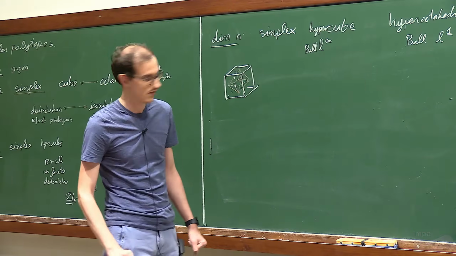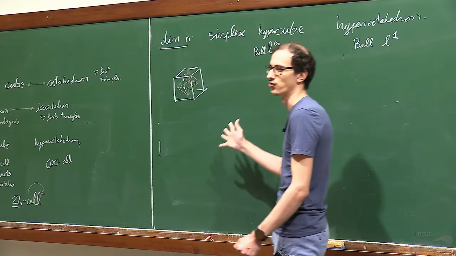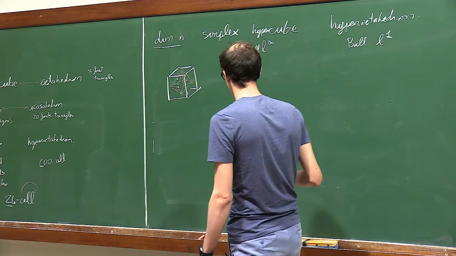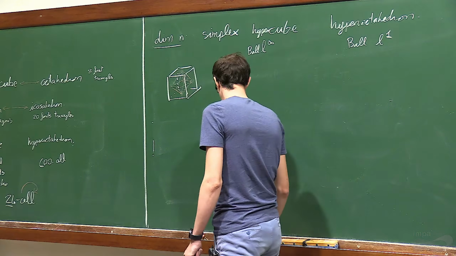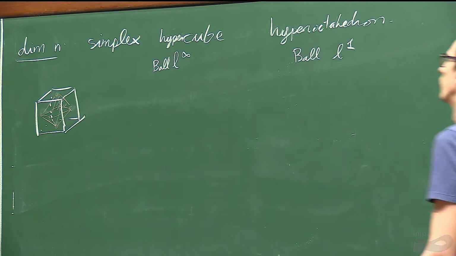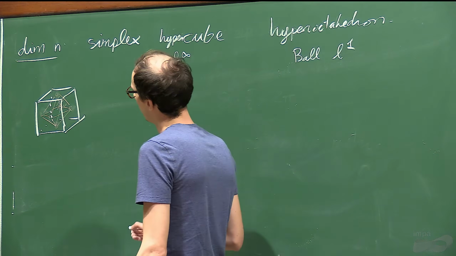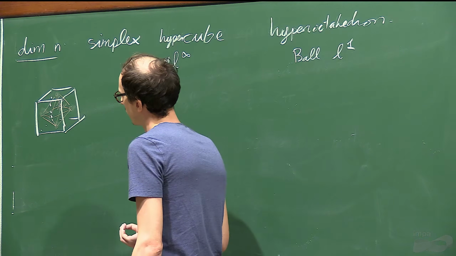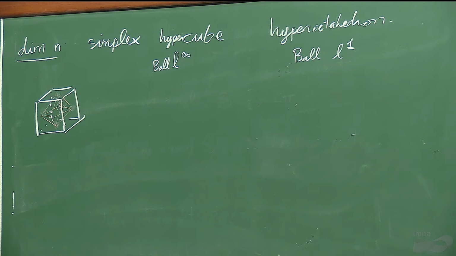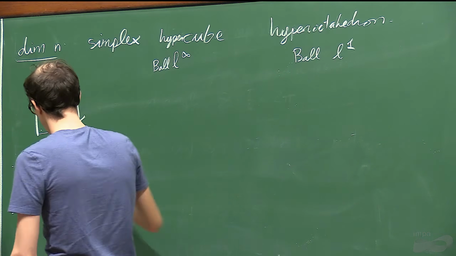So I've been talking only about the combinatorial properties of these polytopes for now, while we actually care about their geometry, to see how they can be realized inside these spaces, which angles they could have, something like this.